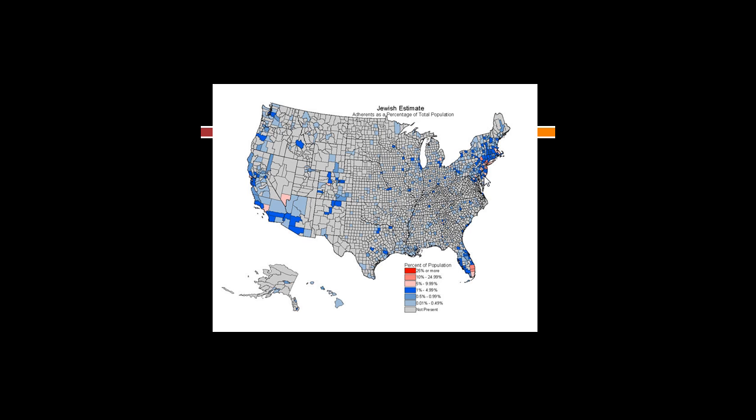Jews who left Ukraine, Russia, Germany, or what have you, during the second half of the 19th century, largely settled in the Northeast. And then later on, as Jews began to climb the economic ladder, they tended to move to places like South Florida, because there's a strong connection between South Florida and the New York metropolitan area. Lots of people go back and forth, they retire there, and so on.